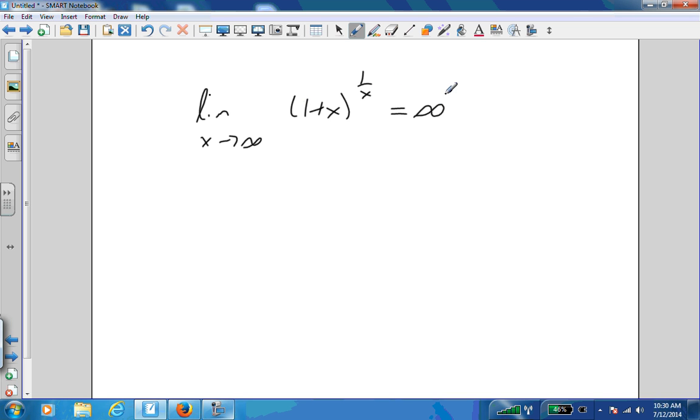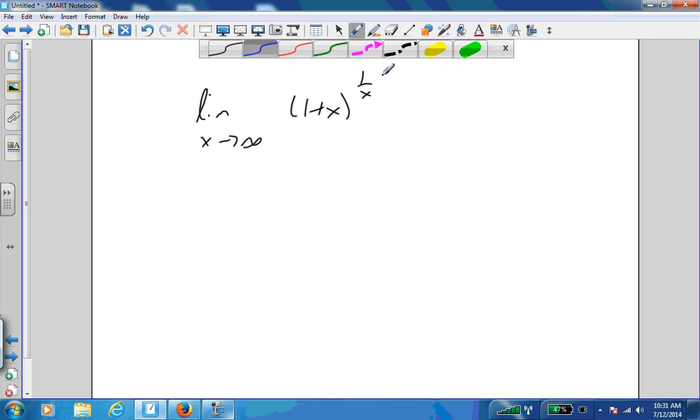The exponent, if we take the limit of the exponent, goes to 0, so that's indeterminate. We've said in the past anything to the 0 is 1, but what about infinity? We're not really sure. It could be that it's 1, but it might not be. So how can we verify whether that really is 1 or not?